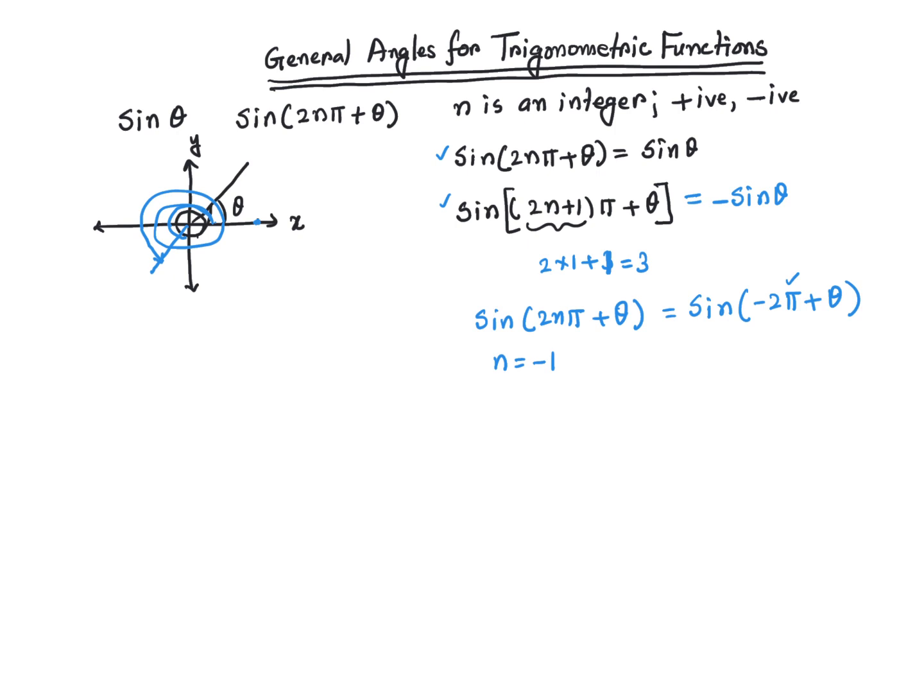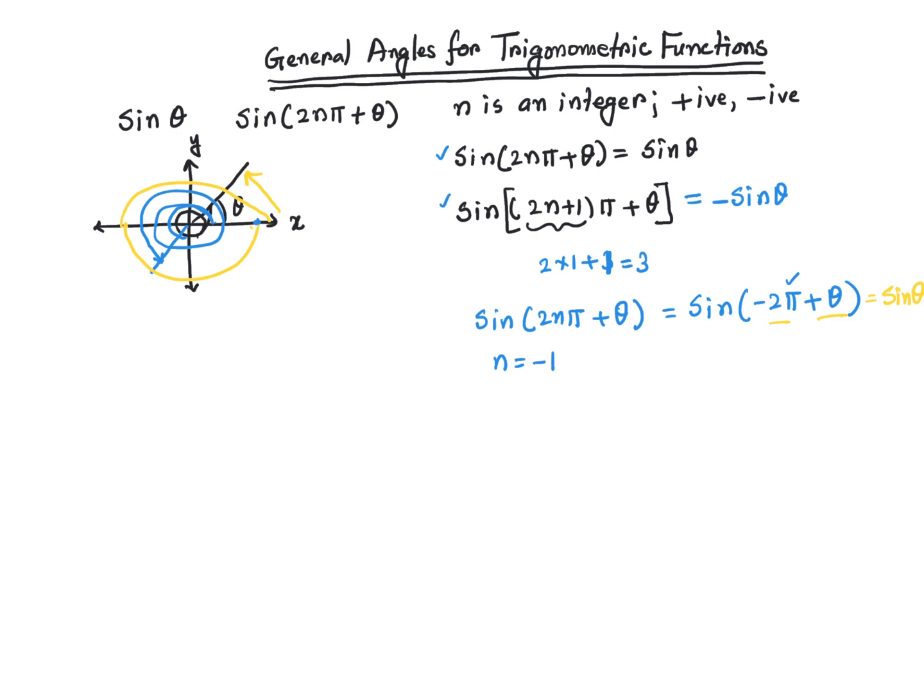So instead of going counterclockwise, you're going to go clockwise. So you're going to go this way, 2 pi, right? That's just negative 2 pi. But then plus theta, now you have to go back this way because it's positive. Negative means you're going clockwise. Positive means you're going counterclockwise. So this, by the way, is in the first quadrant, and this is just sine of theta, as you can see.